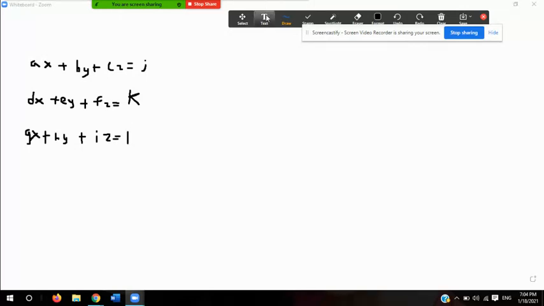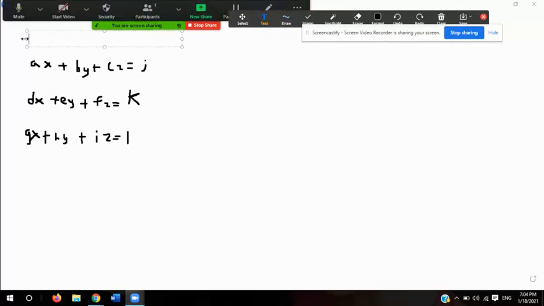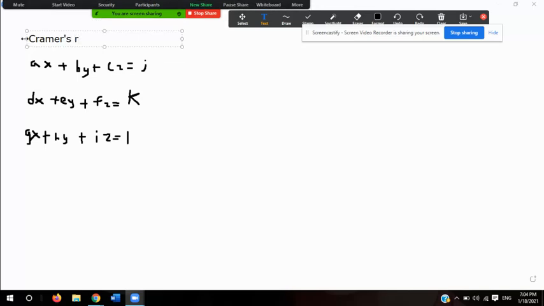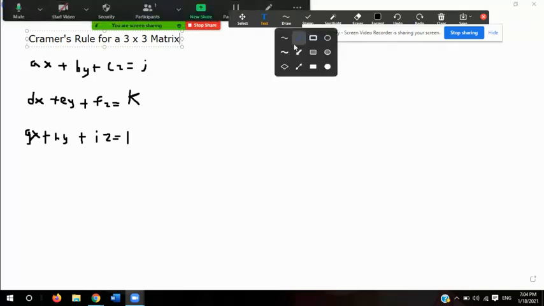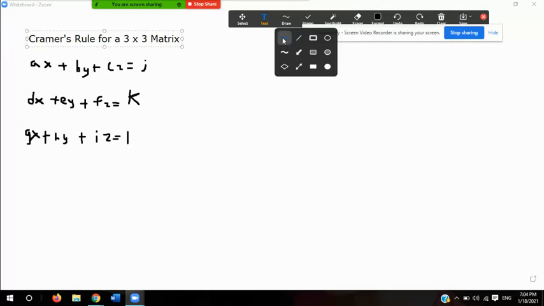So again, this is Kramer's rule with a 3 by 3 matrix. It's very similar to what we did in our previous example.